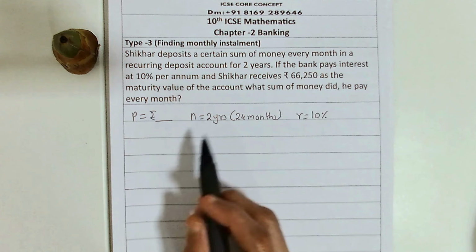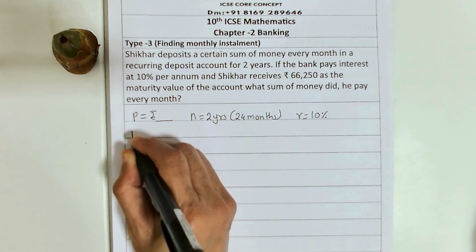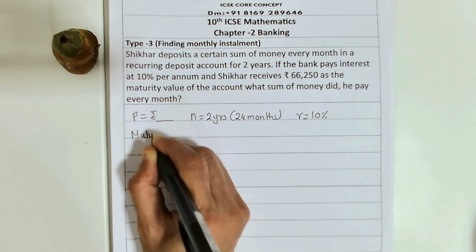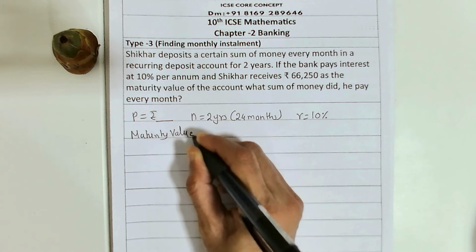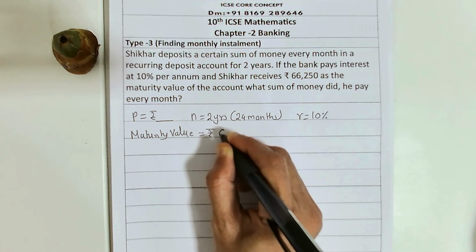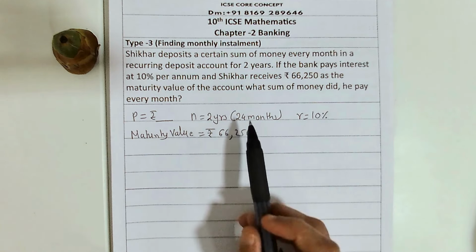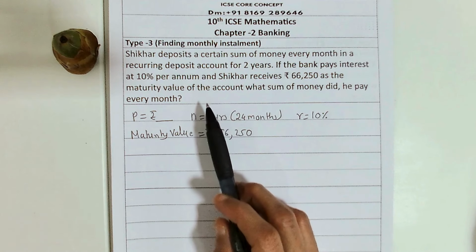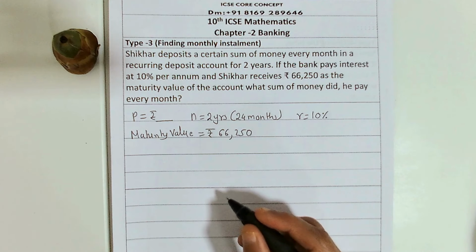Receives means maturity value. It is clearly mentioned, so it is maturity value. Maturity value is rupees 66,250. Now in this sum, we have to find how much Shikhar has invested every month.